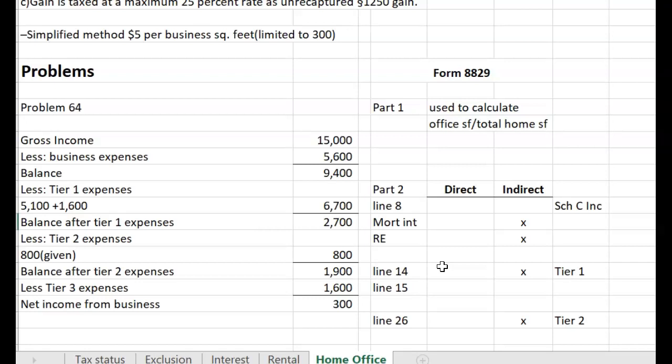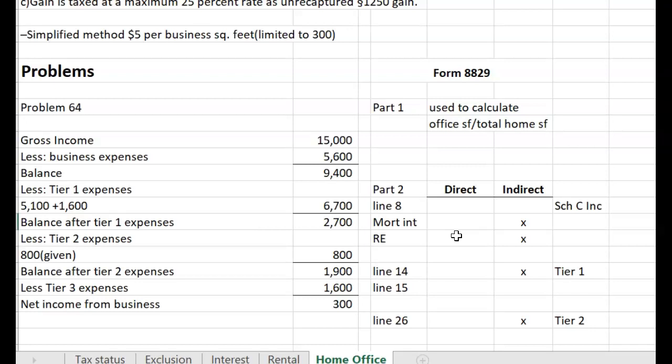Now, most of these would be personal in nature, so they would not go on the itemized deductions. Now, in tier 1, the amount not used for the indirect mortgage expense and real estate taxes would go to the itemized deductions.